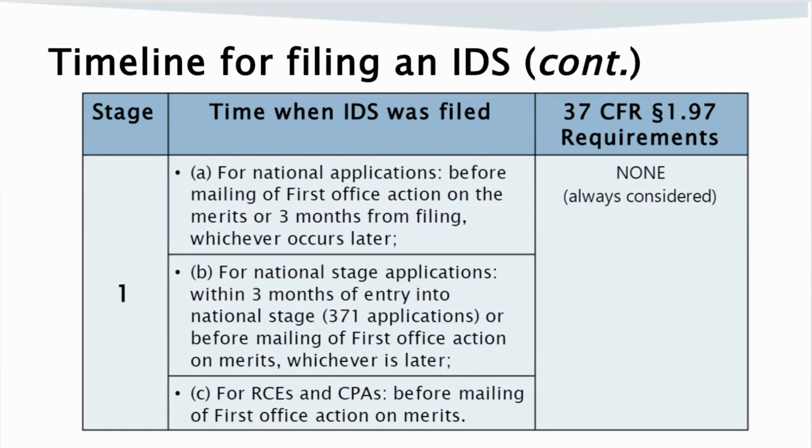And C. Continued examinations, for example, RCEs filed under 37 CFR 1.114, and CPAs filed under 37 CFR 1.53(d), before the mailing of a first office action on the merits.